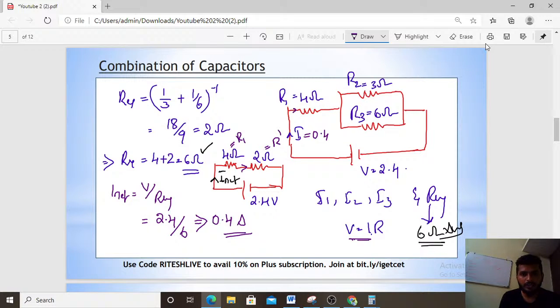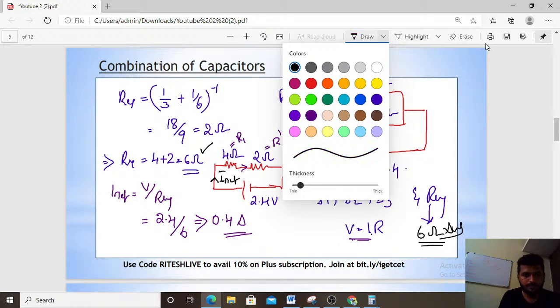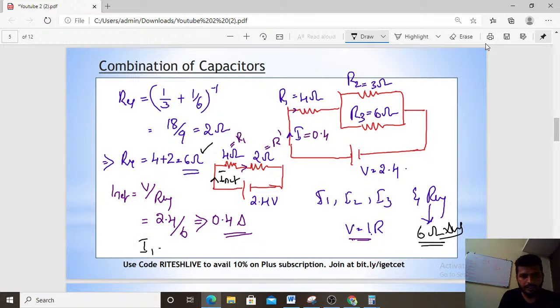So in place of R1 I can write I1. I1 will be the same, that is 0.4 ampere. Okay, this is another answer. In place of R dash, that is I dash, which is also 0.4 ampere. But this is not the answer.